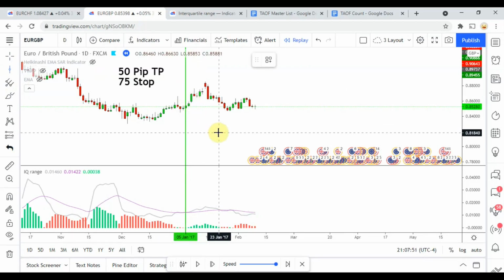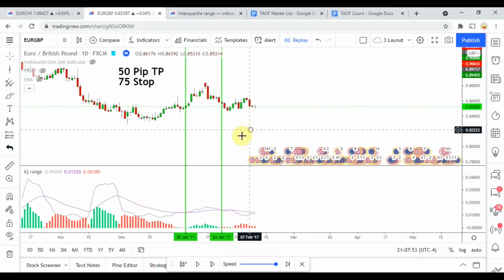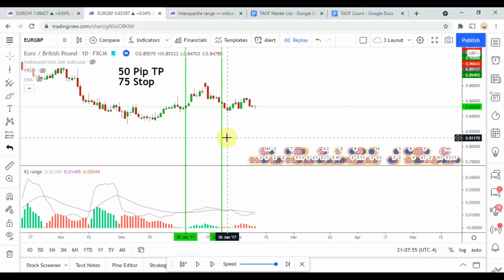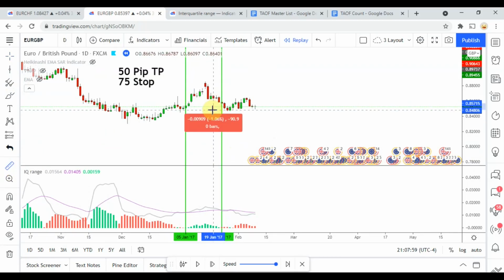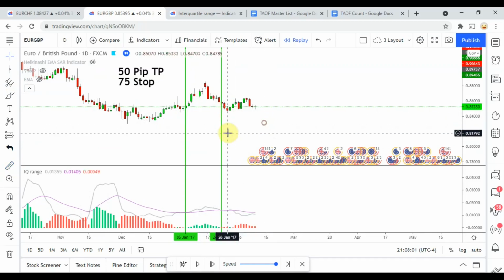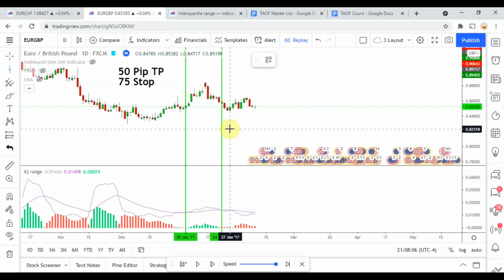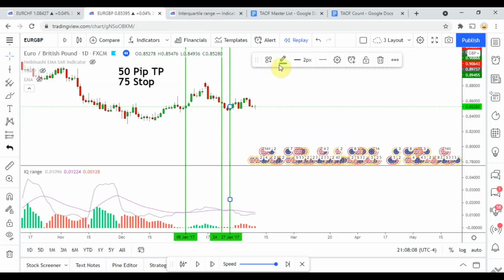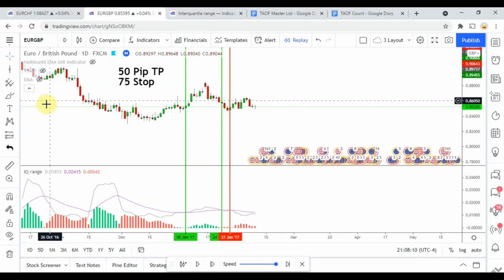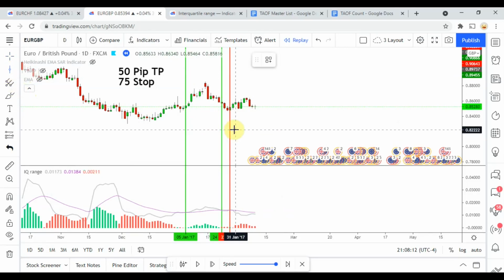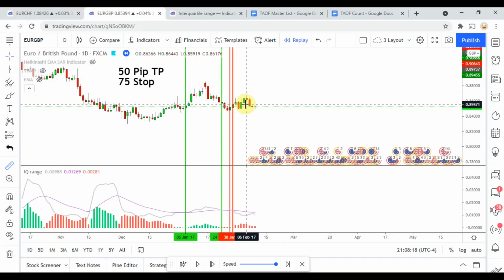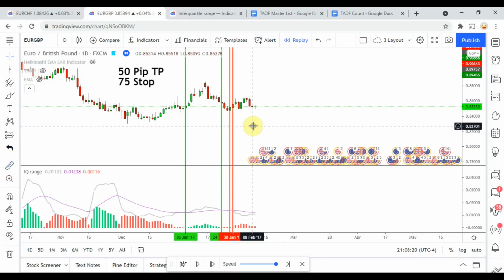So over here on this side, right there, we pick up a short, and it looks like that one's going to get us to take profit. Let's see here. Yep, 100 pips. Then we pick up a long, looks like for just one bar, and then immediately drop into a short, and it looks like that's going to get us stopped out.